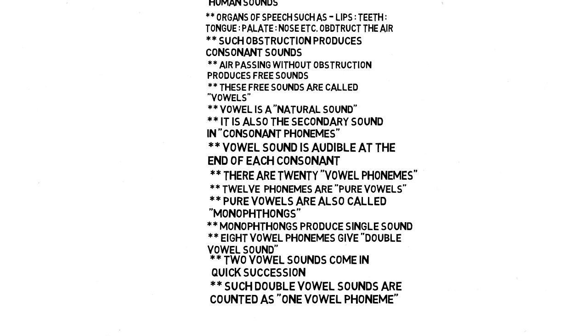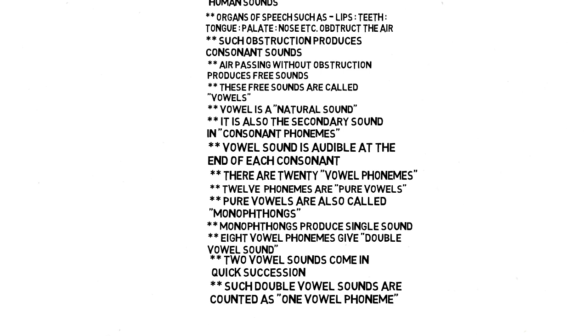2 vowel sounds come together one after the other in such quick succession that they produce one vowel sound. This is a special feature in English language. Diphthongs or double vowel sounds like a plus u give us the sound ow.